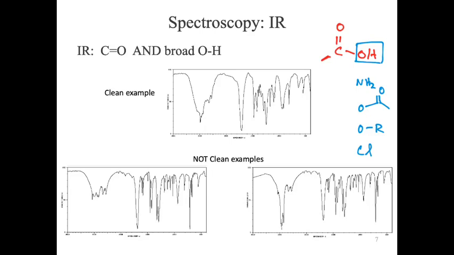Okay? When we look at an IR, what do we expect to see jump out at us? Big, broad. We want a big, broad peak about 3,000, representing what? The OH. The OH typically shows up at 3,400. Why is it showing up at 3,000?